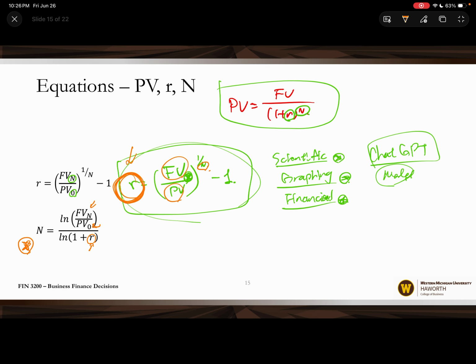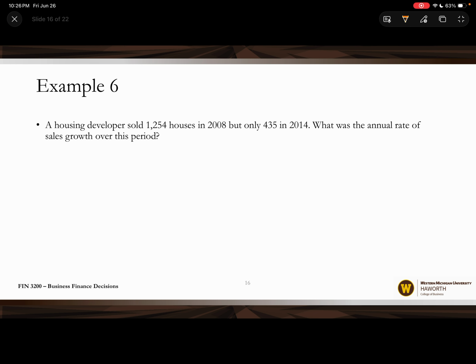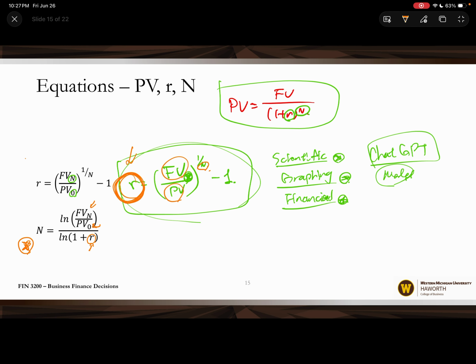So you'll see in example 6, you're going to figure out the r given the future value and present value. PV, future value, and n are given, and you're trying to figure out the r, and you'll do that using the r formula.